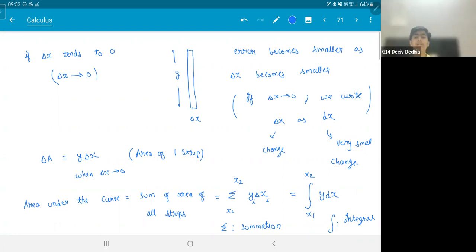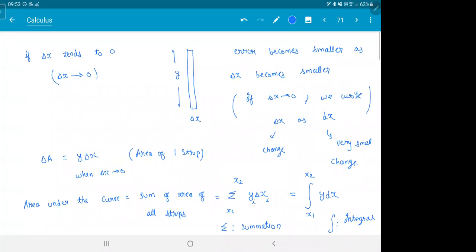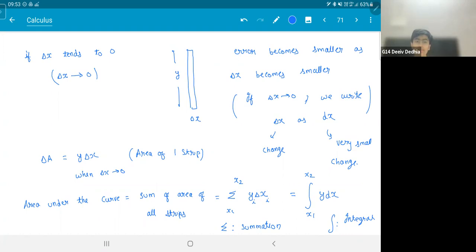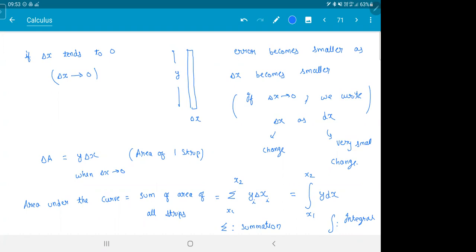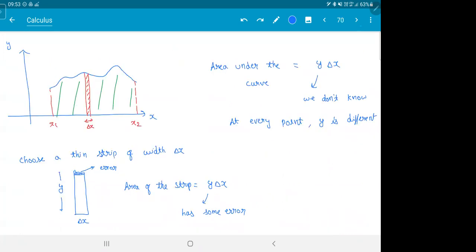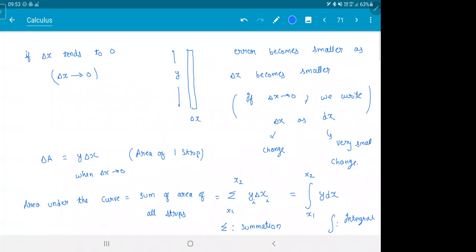Sir, in the integral part, isn't it necessary that we write xi and yi? No, we don't write. This thing becomes like this. I'll show you how it looks. This is all just theory, right? It's just for understanding. So don't worry too much about these exact notations.